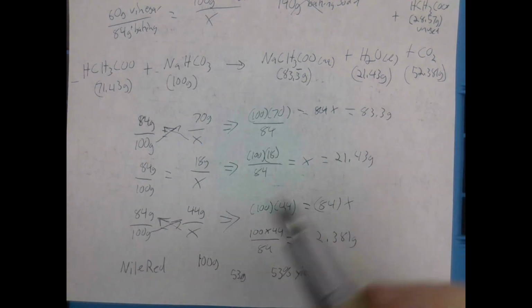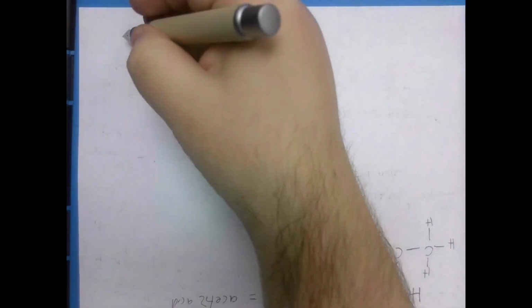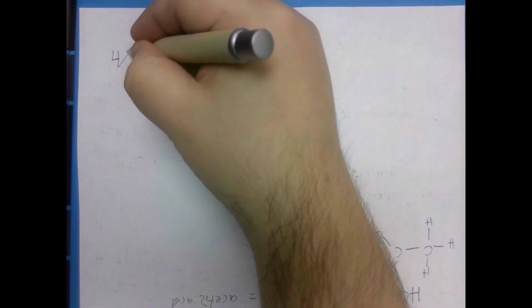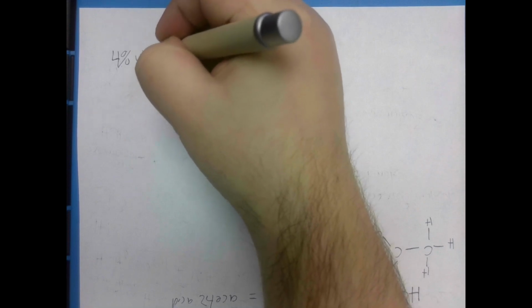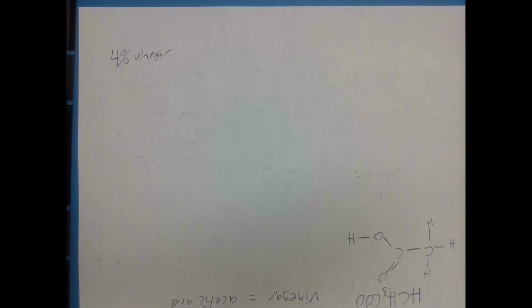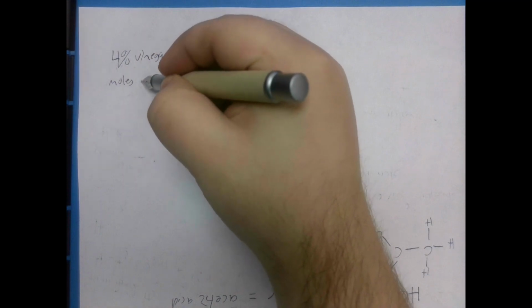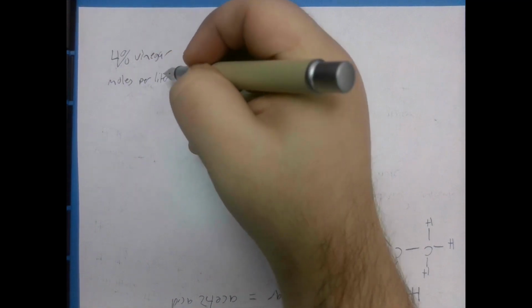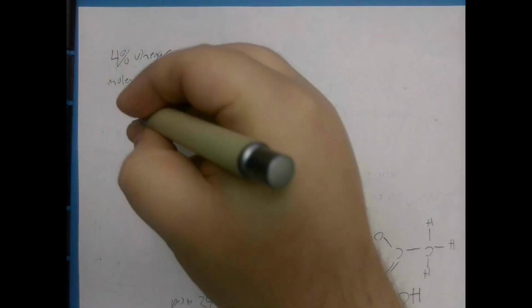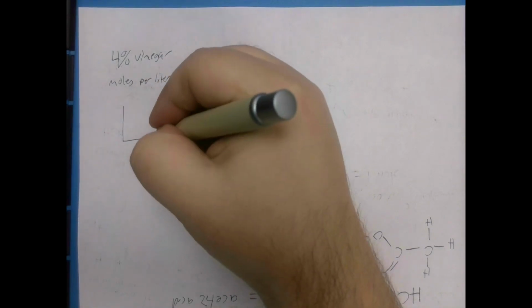So it's basically expanding. Another thing we need to do is, you will not find 100% vinegar. You will probably find 4% vinegar. How does that change it? You need to know how many moles per liter are actually in it, so that you can measure out.